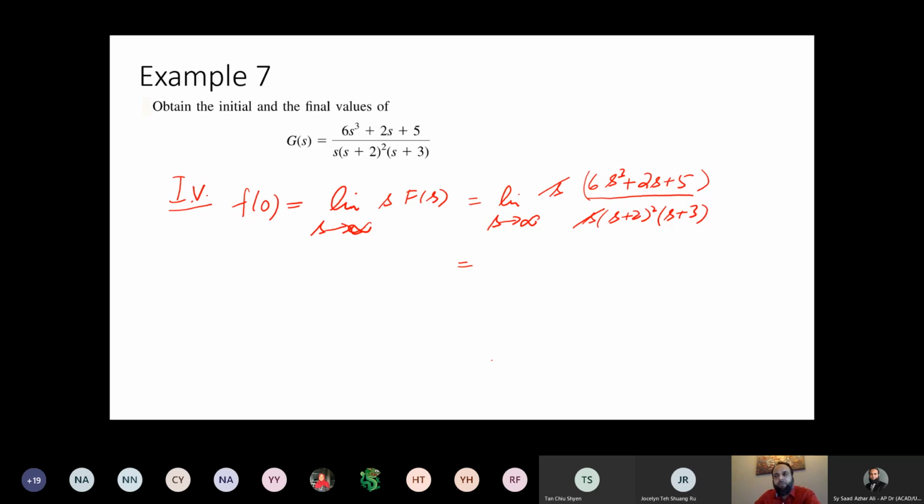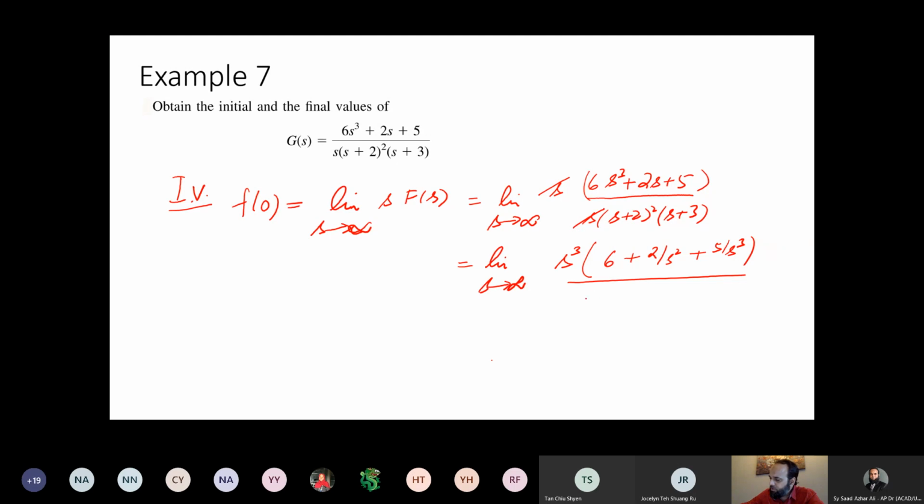So either we make it look like something else, or, just for that sake, I am taking s cube common from the numerator. It will be 6 plus 2 upon s squared plus 5 upon s cube, divided by this, which will be s squared plus 4s plus 4.